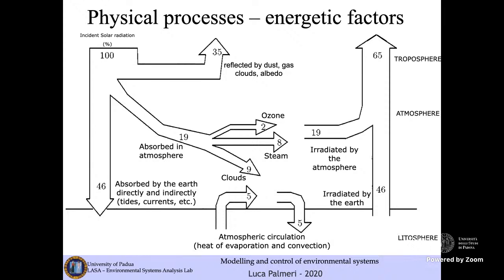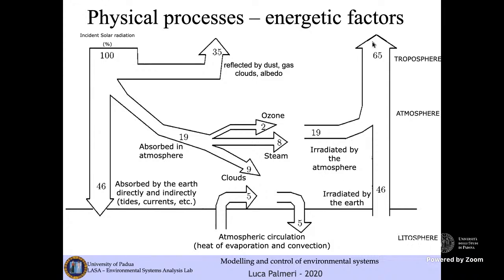So we said, 100% energy, this is the solar constant, with immediate reflection of some quantity of this energy. Then this energy is absorbed by the various elements, first in the atmosphere and then indirectly or directly on the water, on the Earth's surface.